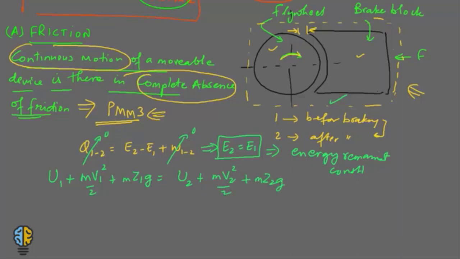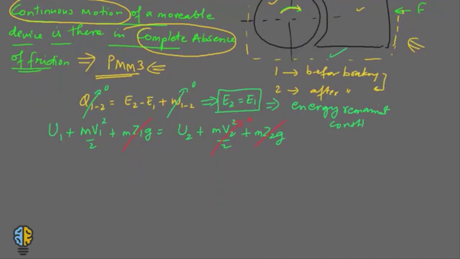Now, because we are bringing the flywheel to rest, the final velocity would be 0, and there are no elevation differences, so they can be cancelled off, and we get the equation U2 equal to U1 plus mv1 square by 2. Now how do we interpret this?